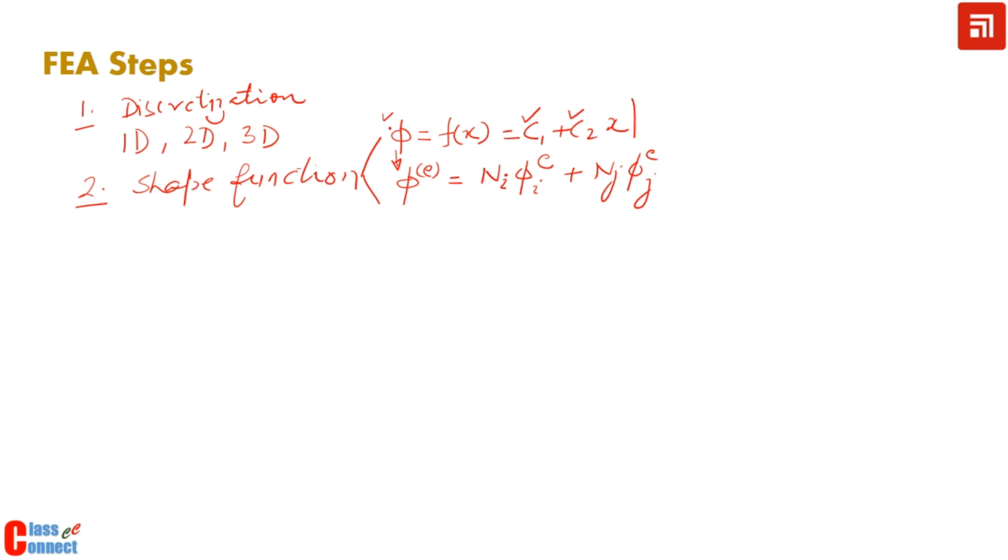Here what we have assumed is a polynomial for our field variable. After discretization we get this field variable for the eth element, and we can represent this field variable in this form, where Ni is the shape function for node i, and this is the shape function for node j, where Ni is a function of nodal coordinates.